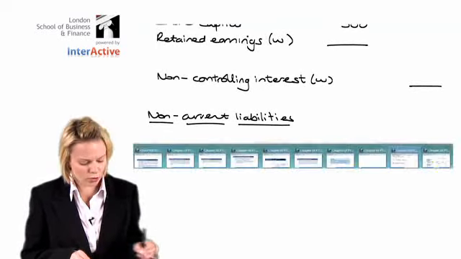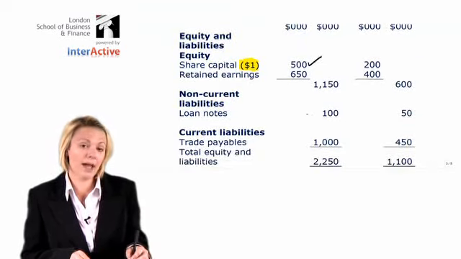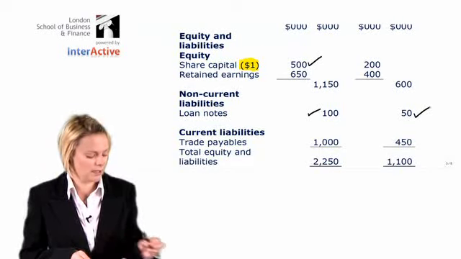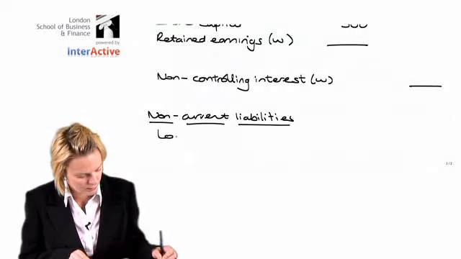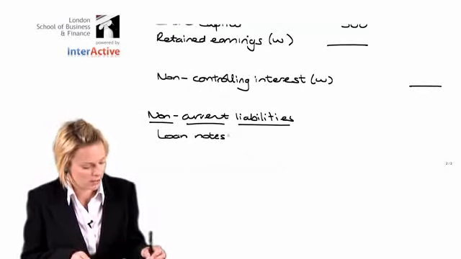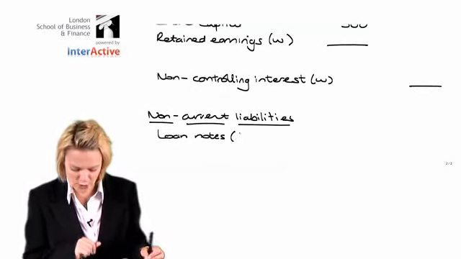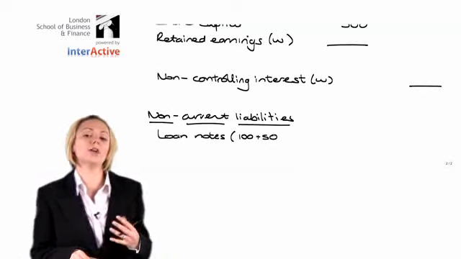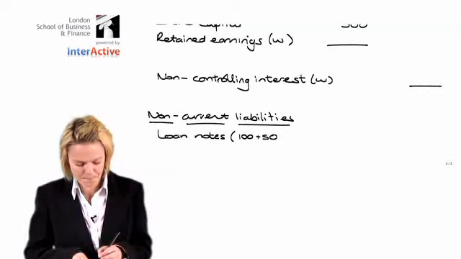And if we look under non-current liabilities then, we can see that we've got parent 100 loan notes and sub $50,000 worth of loan notes. So loan notes, just like we do with assets, loan notes would be parent plus subsidiary, 100 plus 50, but don't close the brackets until we've finished the question, once we've done all our workings.